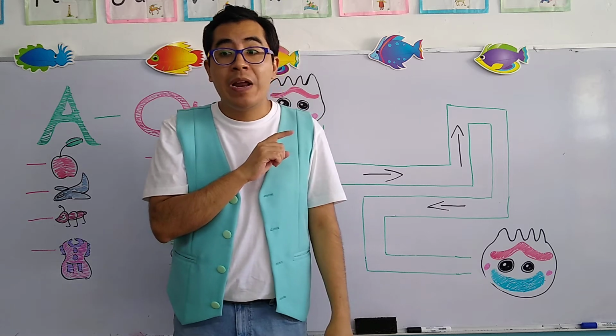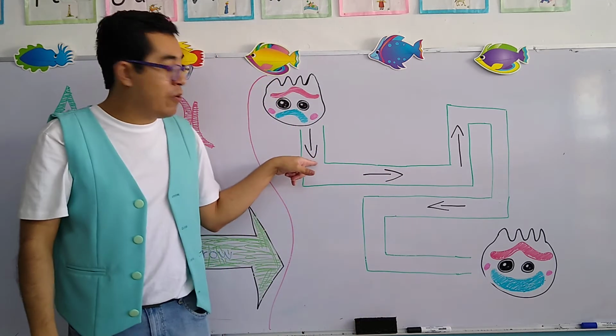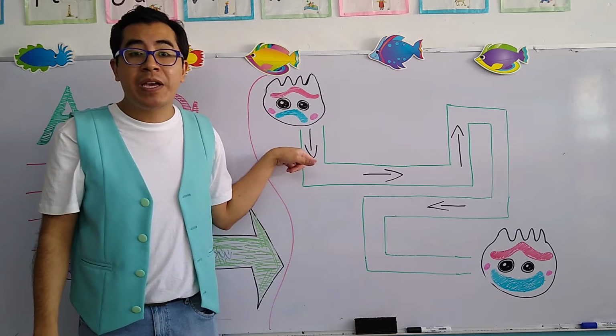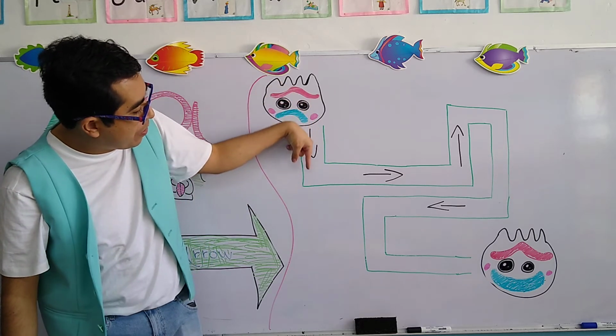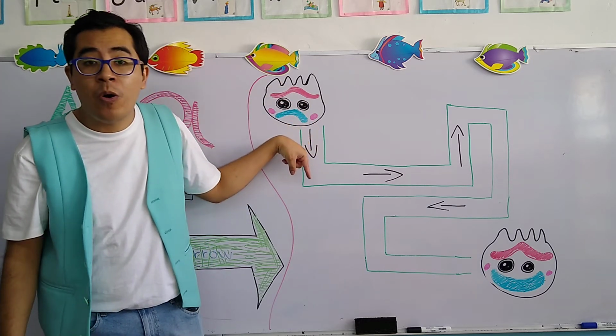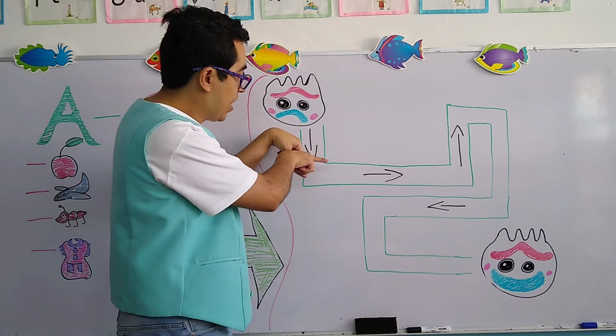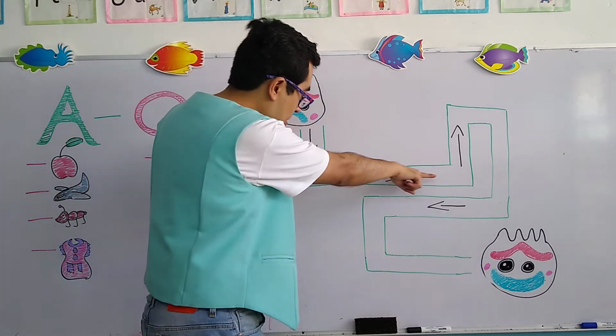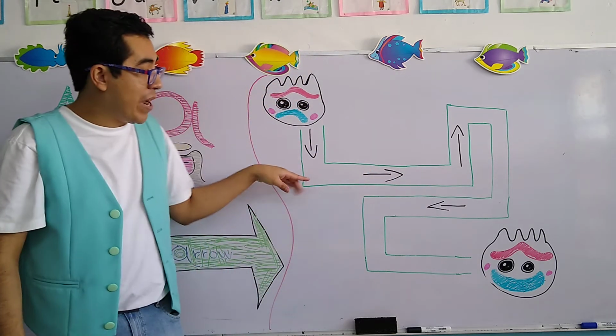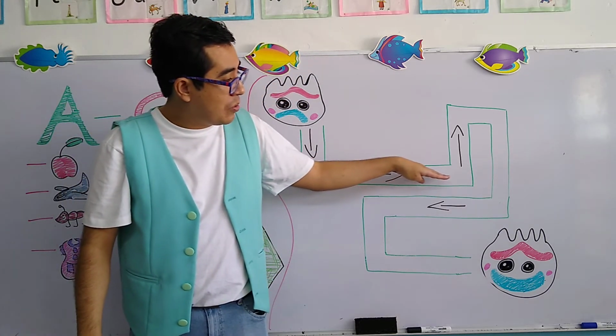Very good. So, let's begin. The first arrow indicates us that we have to go under. Now, that we are under, the second arrow indicates us that we have to continue to the right, okay? So, let's continue.